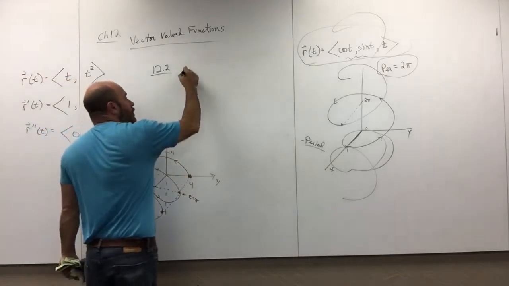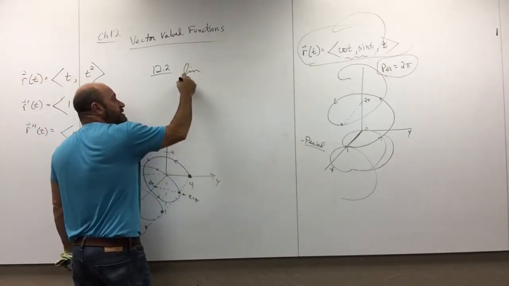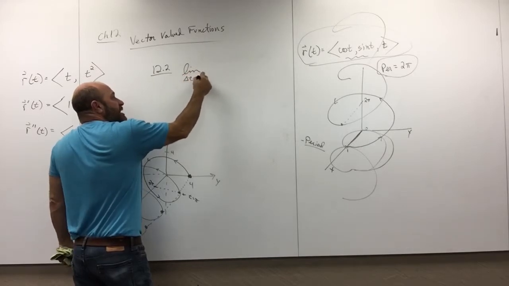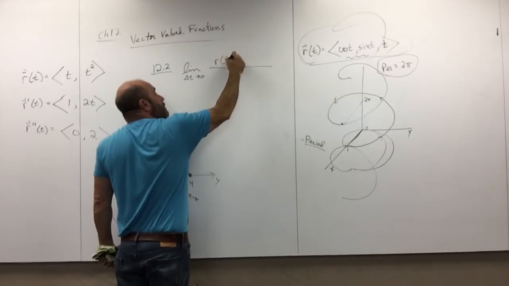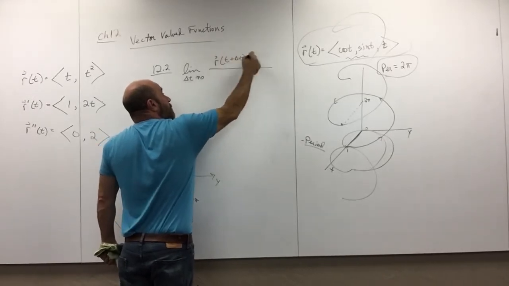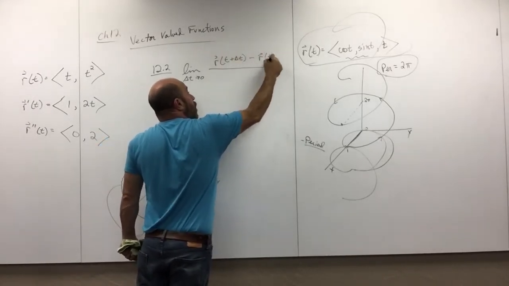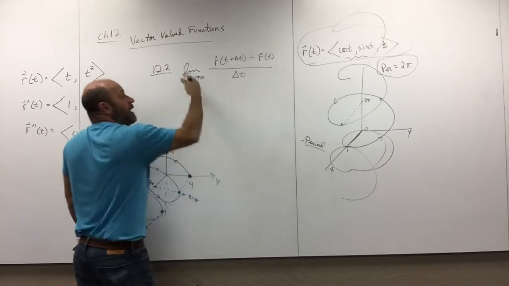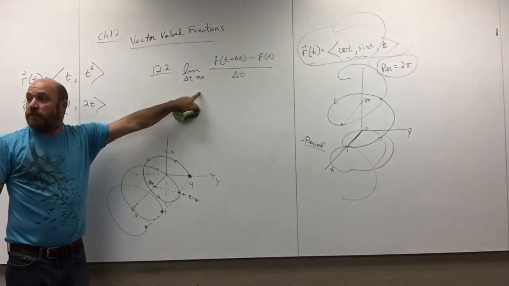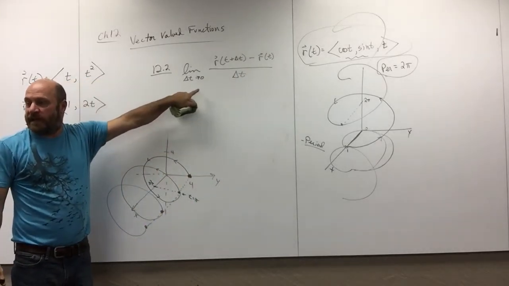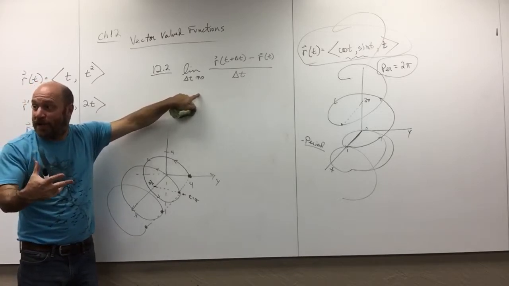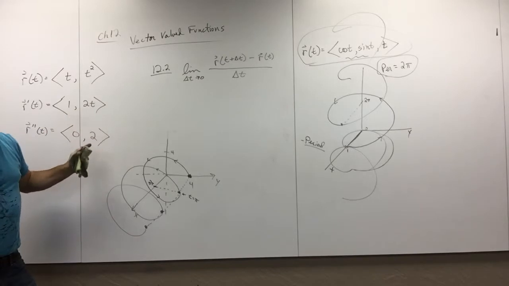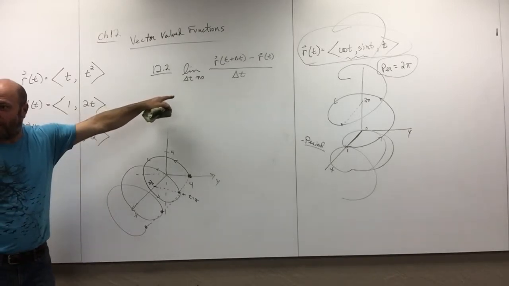They say if you're going to do a derivative, what you're doing is this: the limit, as the change in t goes to 0, of r of t plus delta t minus r of t, all over delta t. They have a lot of this in 12.2, and that's what's behind us doing these derivatives, this good old definition of a derivative.